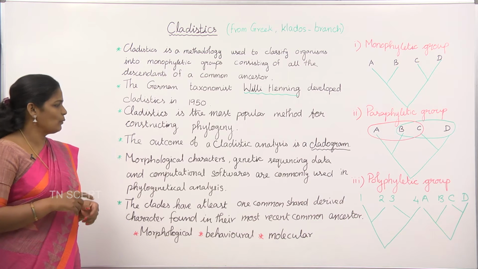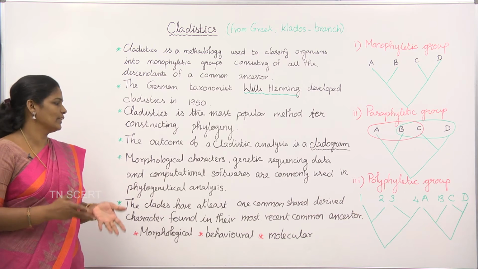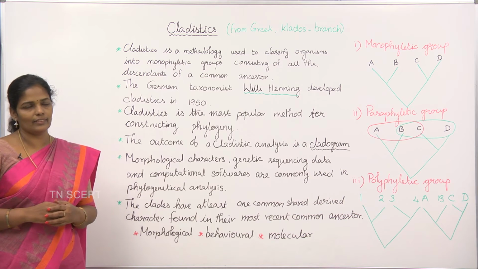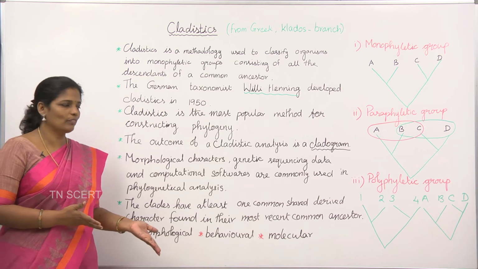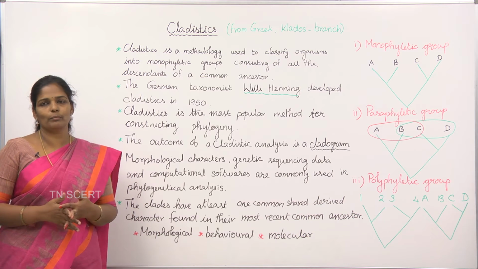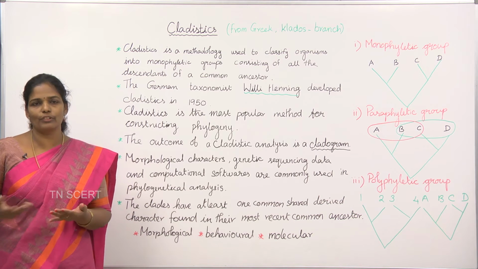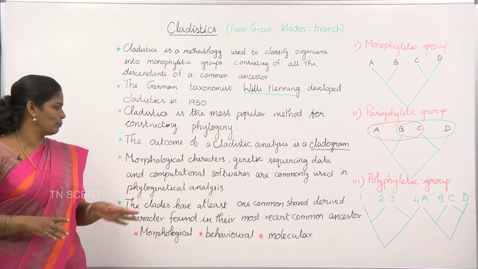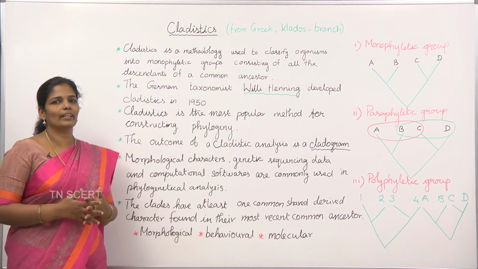So, the clades have at least one common shared derived character found in their most recent common ancestor. That may be a morphological character. Morphological character means it may be a characteristic feature of a leaf or a stem or fruit or flower, whatever the case may be, and it may be a behavioral character.